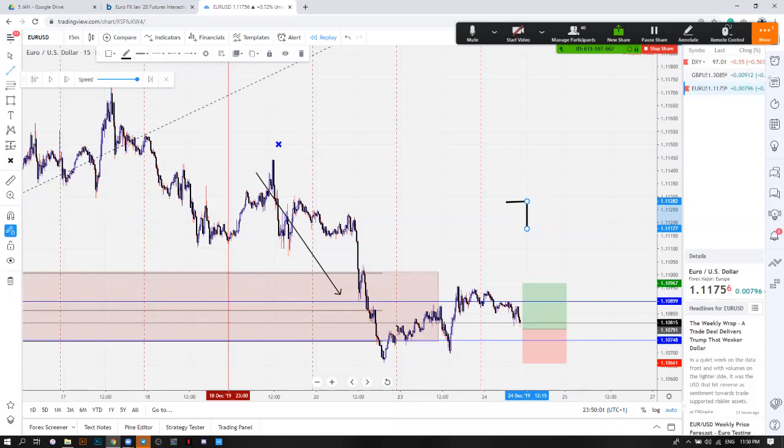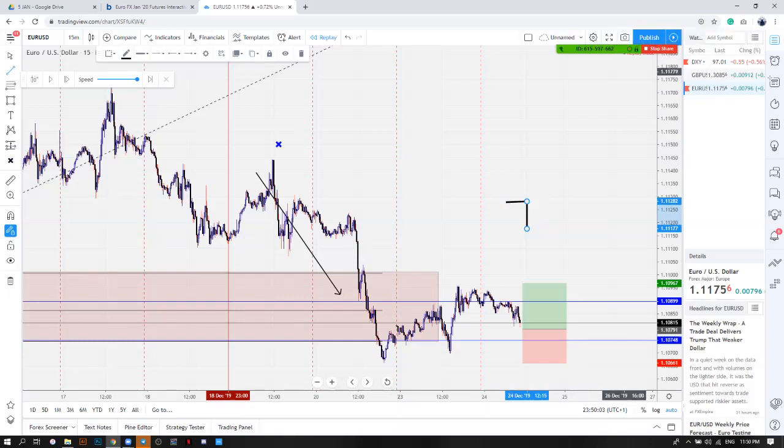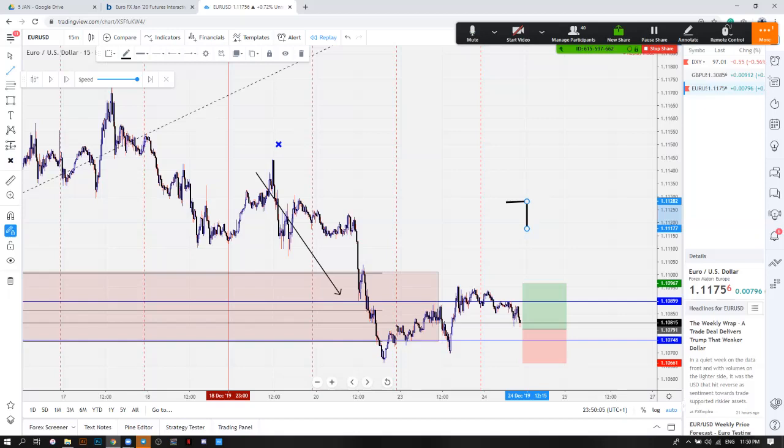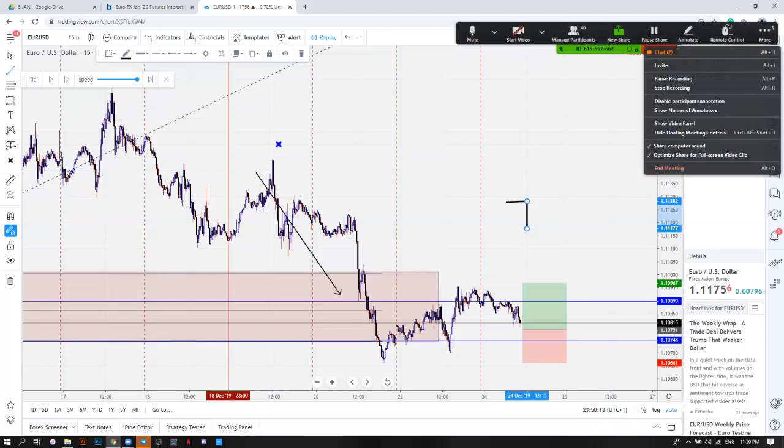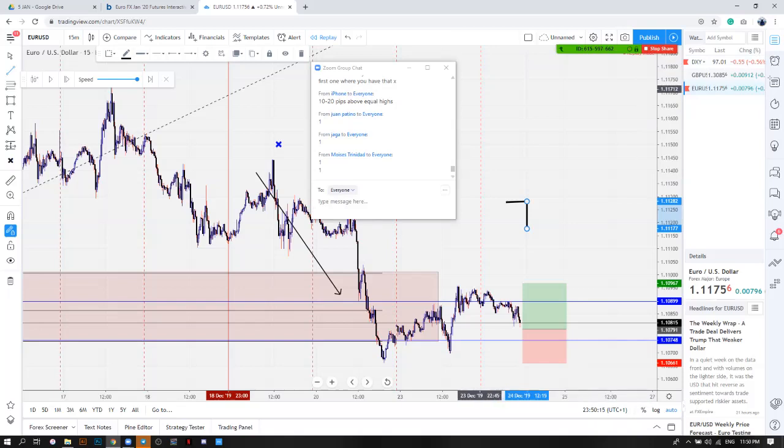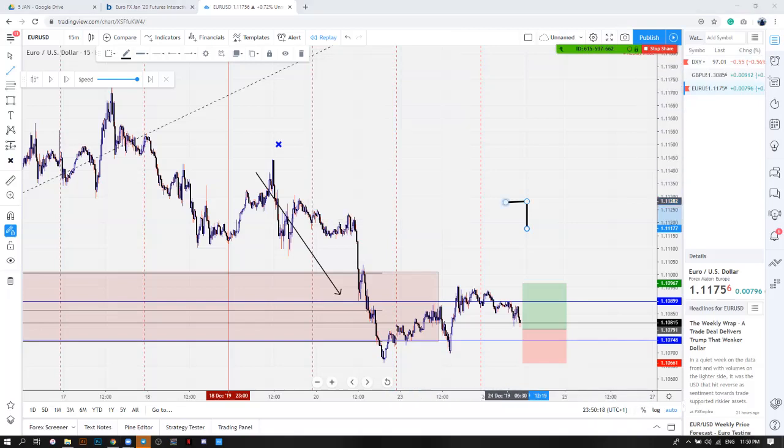Okay? You understand now? It has to trade past the open. Who else does this make sense to? Who understands what I'm saying? Because it seems like I'm speaking jargon. Okay, perfect.